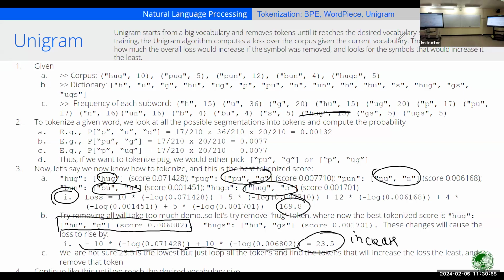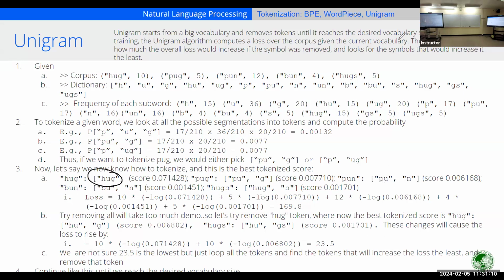So basically, here is a little bit confusing. So now I have A, and I already have all these tokens. I know that this is my way of subwording. But now I want to know which one I should delete, so I need to try one by one.